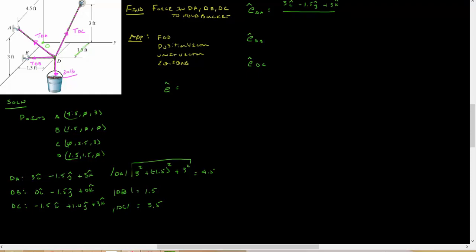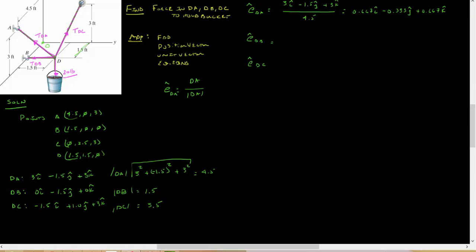So remember, our unit vector is the position vector divided by its magnitude. So my magnitude on this one was 4.5. So I'm just dividing 3 by 4.5, negative 1.5 by 4.5, and 3 by 4.5, which comes out to be 0.667i minus 0.333j plus 0.667k.